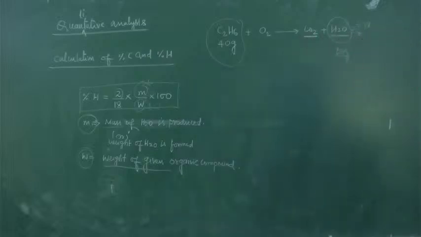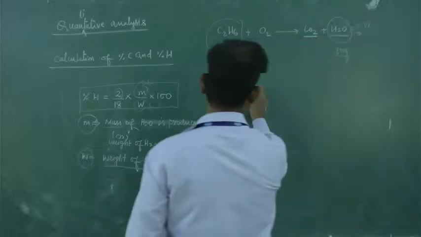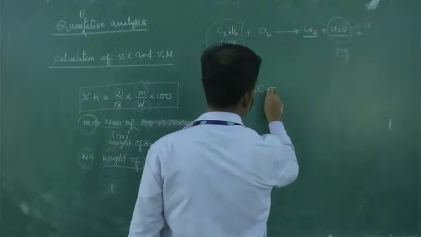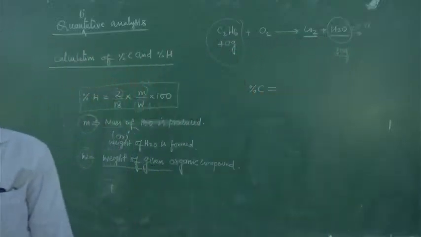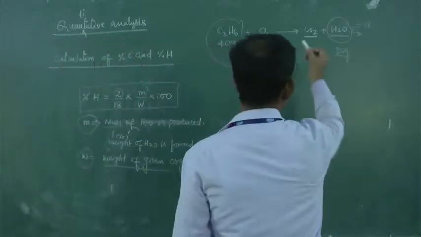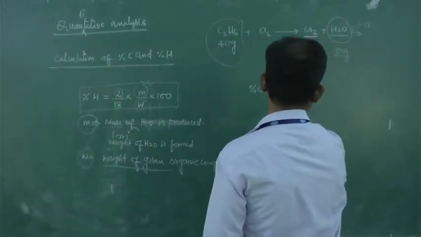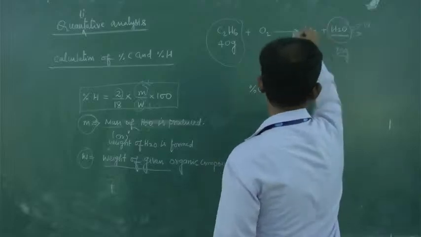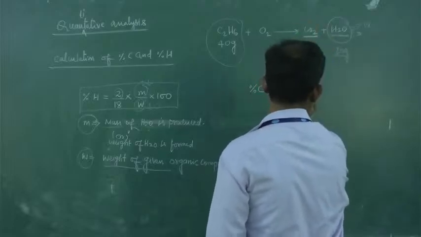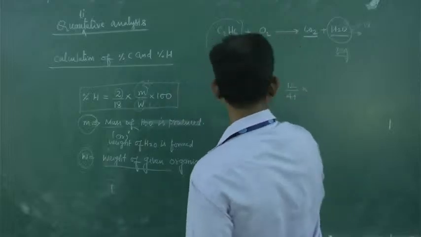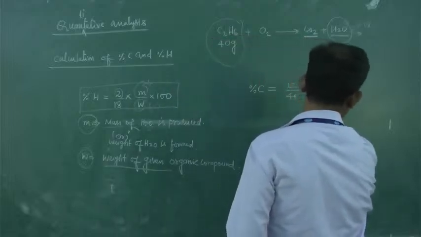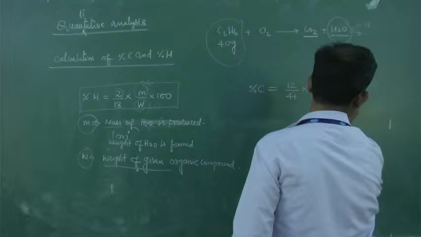Similarly, you can calculate the percentage of carbon. So the formula is going to be: for carbon dioxide, the atomic mass is 12 divided by the molecular mass of carbon dioxide, 44, and again you use m divided by W into 100.